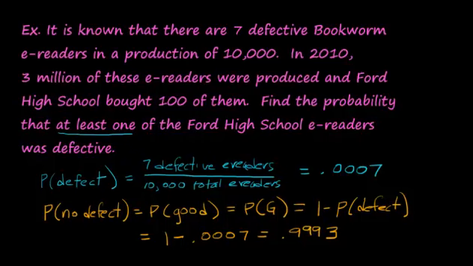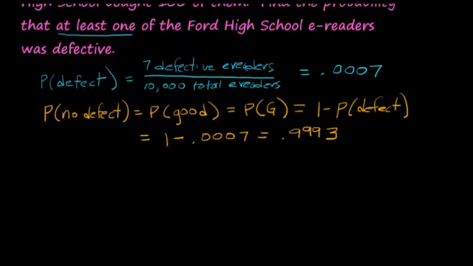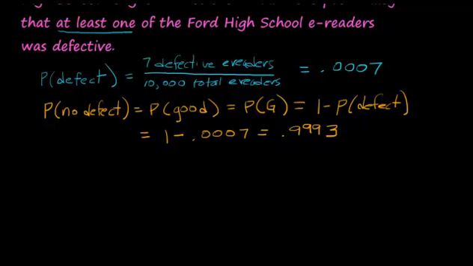Well, in this situation, we had a sample of 100. The school bought 100 e-readers, and we want to find the probability that at least one is defective. Well, what does that mean, at least one?